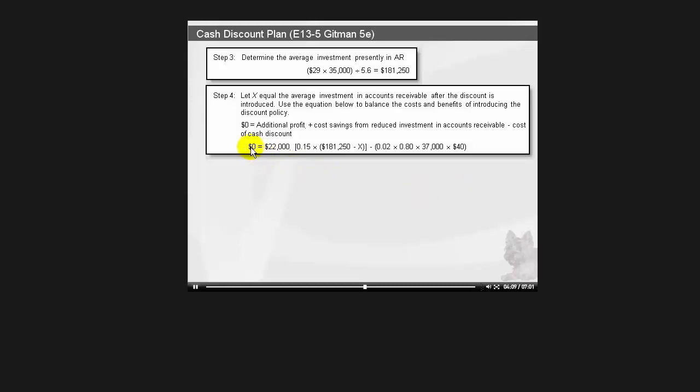Okay, so 0 would equal 22,000, the additional profit we calculated earlier. One thing I see here is I need a plus sign right here, so give me a minute and I will change that. Okay, now I've added that plus sign.